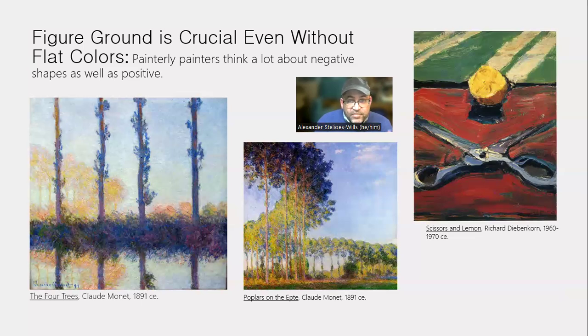Our eye, through color, just does the work, and we're like, oh yeah, that's the sky. That's the sky back there. But at the same time, it's still a very strong positive mark stuck right on top of the tree. And it just works so well. And it made me realize that there was so much more about the relationships of positive and negative that I had to learn. I mean, this was back when I was in my 20s.